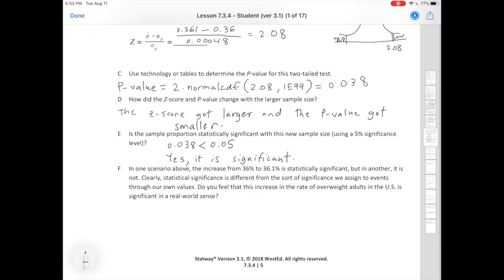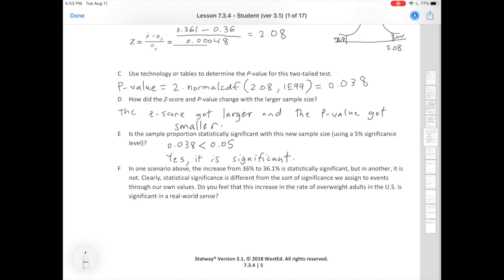Now, what is the point of this question? Okay, so this part that we're about to answer is going to illustrate why we're doing this question. So in one scenario above, the increase from 36% to 36.1% is statistically significant, but in another, it is not. Clearly, statistical significance is different from the sort of significance we assign to events through our own values.